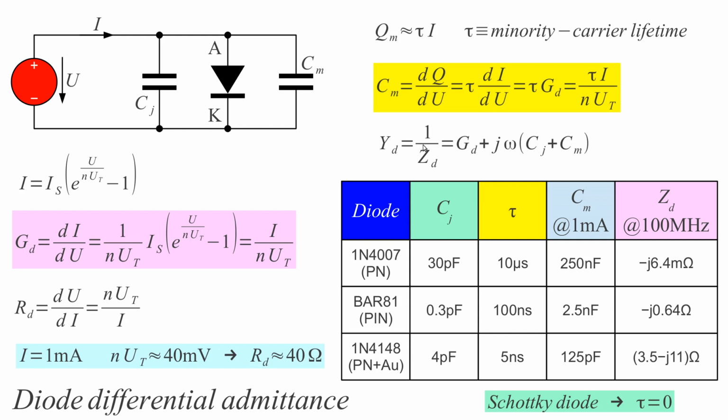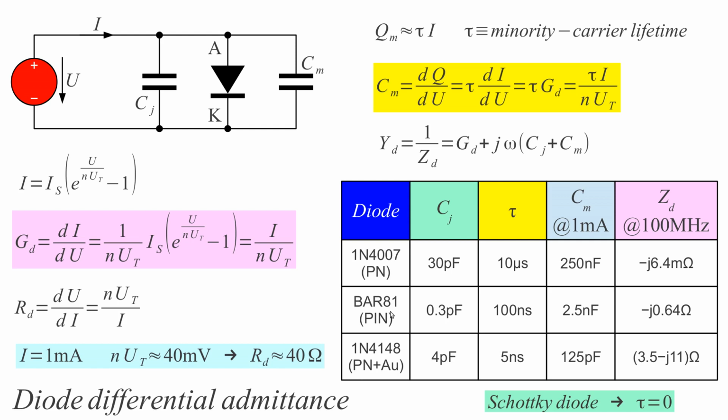If we look at an example here of typical diodes, I used very common semiconductors we are using in our circuits, like a low frequency rectifier diode, a high voltage rectifier diode with a PN junction, that's the 1N4007, a small signal fast diode, a PN junction with gold doping, and a diode that was specially made for RF switching with the lowest possible capacitance.